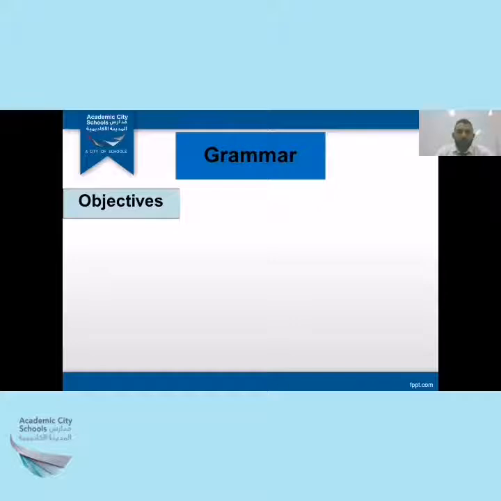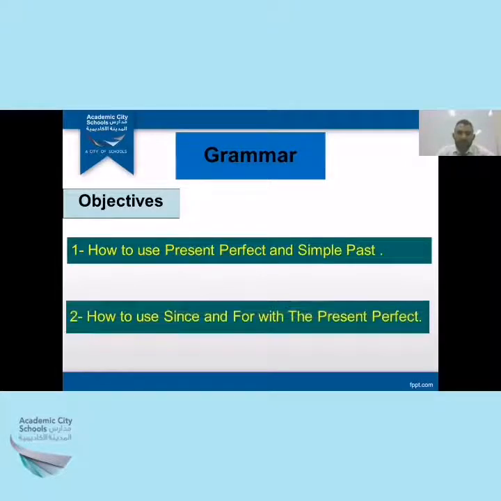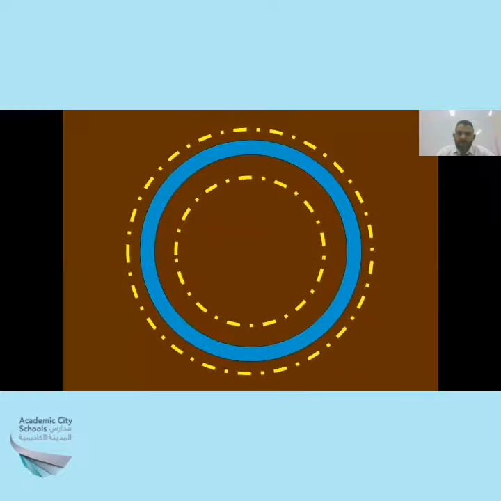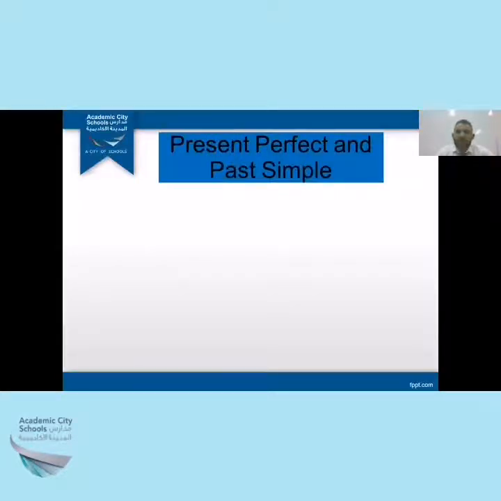Our objectives for today. Number one, how to use present perfect and simple past. Number two, how to use since and for with the present perfect. Present perfect and past simple.